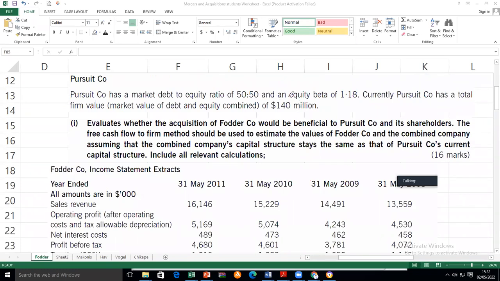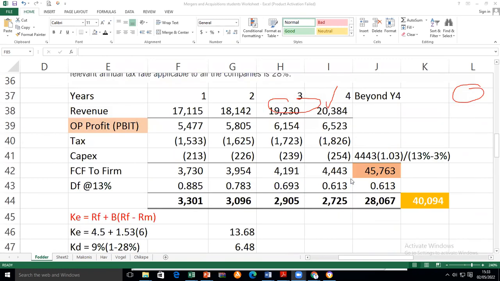For P, they've given us the total market value. Okay, so we pick that. For F, we have calculated ourselves. That's the 40 million.